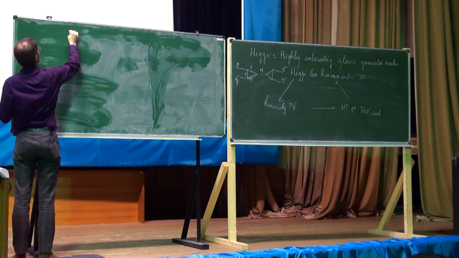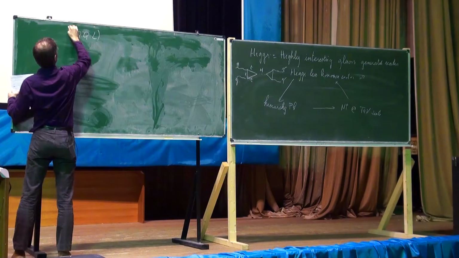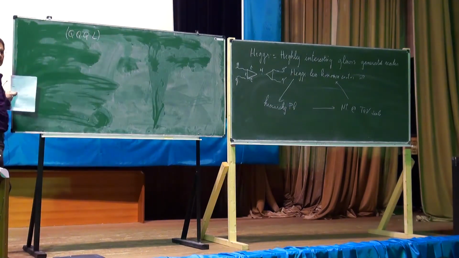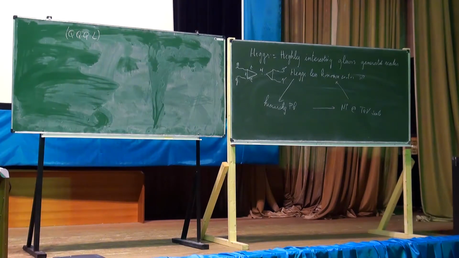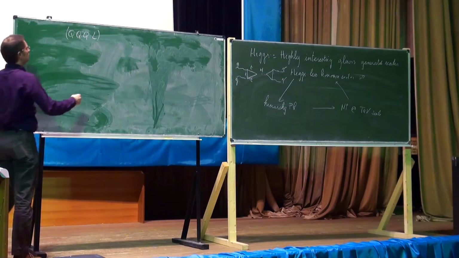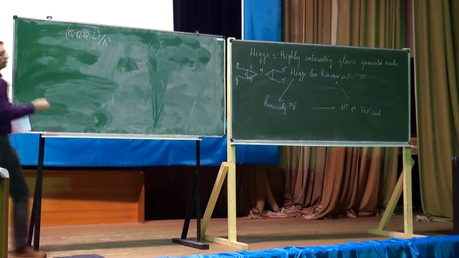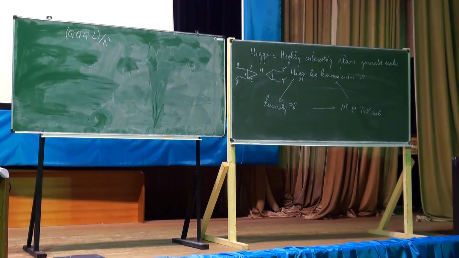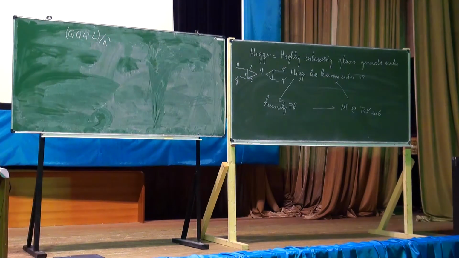So for instance, you can write an operator that involves 3 quarks and 1 lepton. That's a dimension 6 operator, right? Because each of the fermions has canonical dimension 3/2. So this means that this operator in your Lagrangian has to be suppressed by a scale which is Lambda squared. And the question that you are asking is what are the constraints on this scale Lambda?